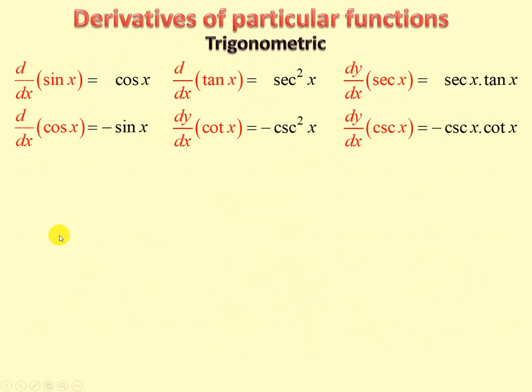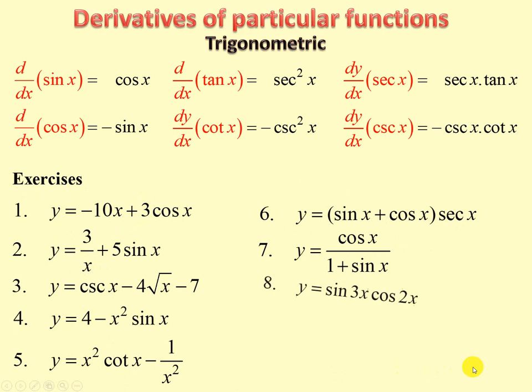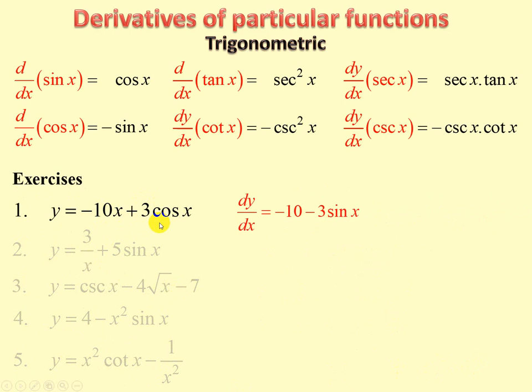Now let's have some examples. Here they all are, just to remind you, so you don't have to memorize them. Number 1, well, that's just a sum of 2 functions, so differentiate, differentiate. Derivative of cos is minus sine, so that's how the sign is changed there.